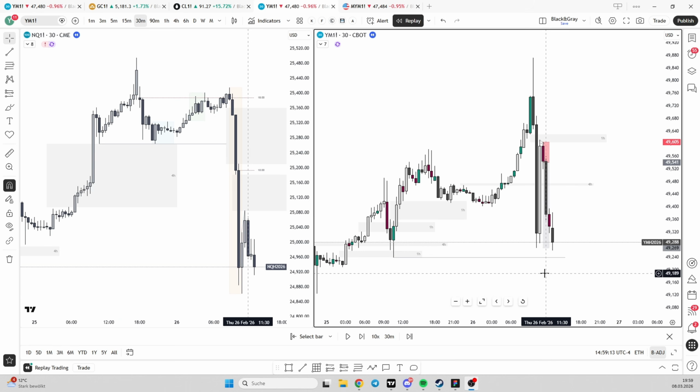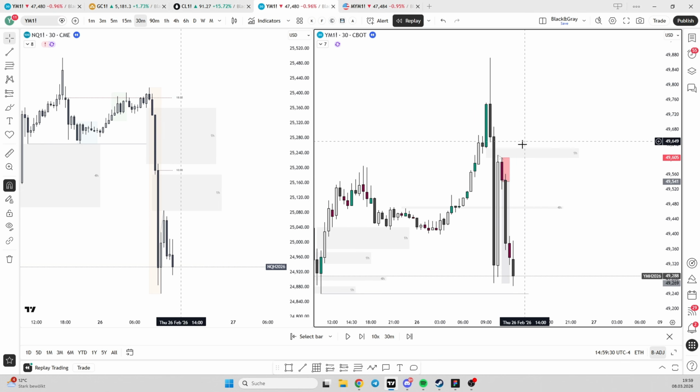But at this point the strength switched because NQ created the SMT fill and YM created a swing failure. In addition, it's also a two-stage because this one is a bearish candle and this is a bullish candle. So we have a strength switch two-stage PSP.